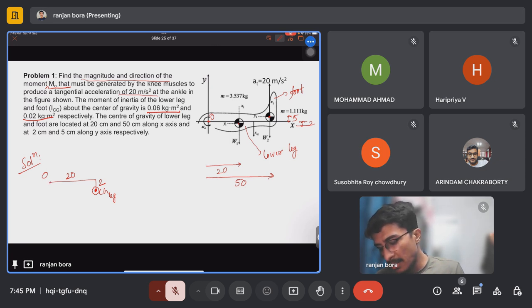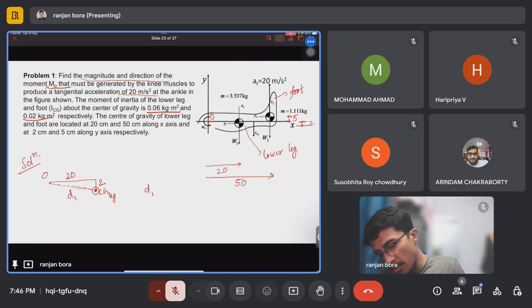For that, what we need? We need the perpendicular distance between point O and the center of gravity of leg. So what is this distance? Let us take this as d1.